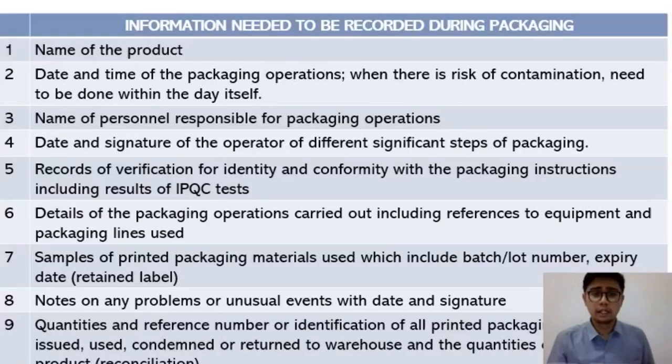The details needed to be in the batch packaging records are name of the product, date and time of the packaging operation, personnel involved and their signature and date at every significant step of the operation, details of the operation procedures, instruction for the IPQC, instruction for the label retainment, and the records of problems, if they occur, with the date and signature.